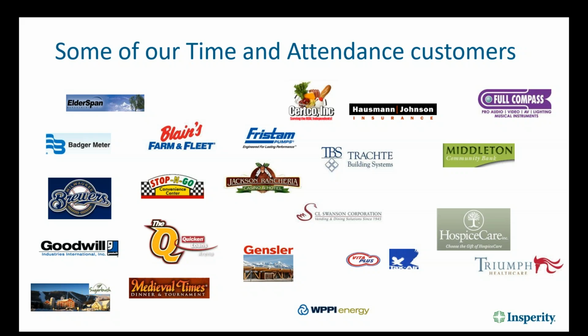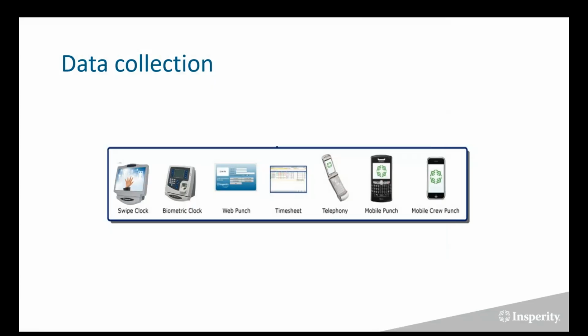There's a ton of companies. So we tried to give a nice smattering of these. Really any industry is a good fit. There are a few exceptions. If you are doing one person out on a job site, collecting that time for that one person can get rather expensive, so that may be where we might not be the best fit. But that's, again, something that would need to be discussed.